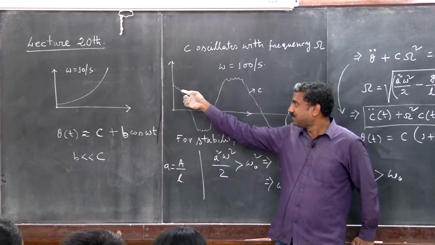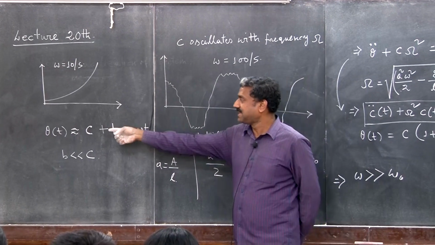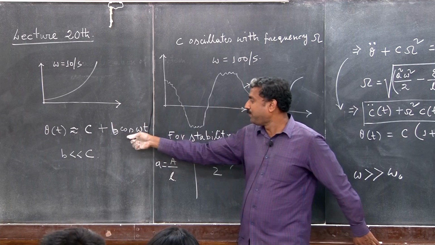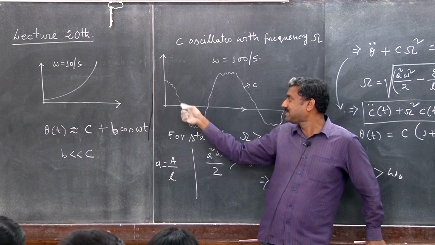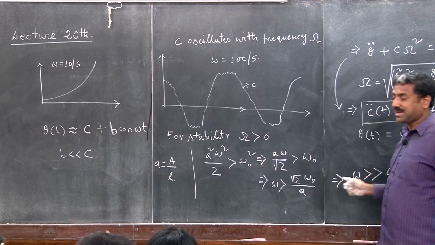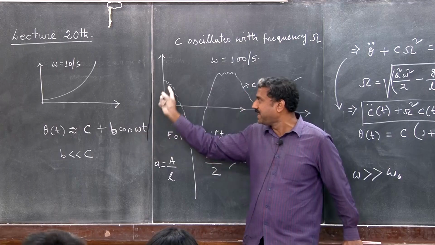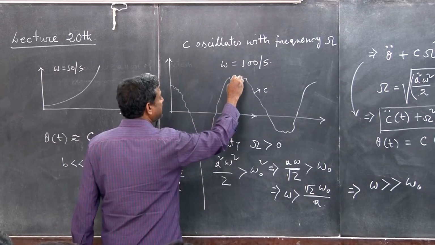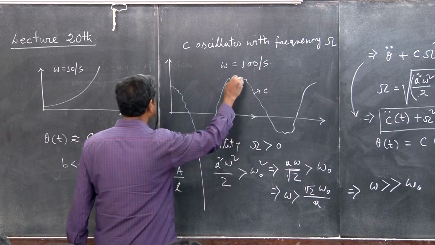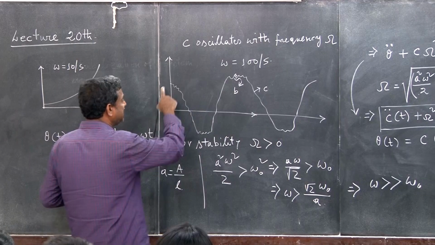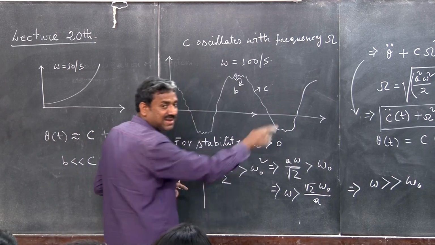The slowly varying component is basically the C. B is much smaller than C. So B cos omega t is nothing but this small term, with amplitude B and frequency capital omega, and this capital C is basically the amplitude for the whole thing, right?